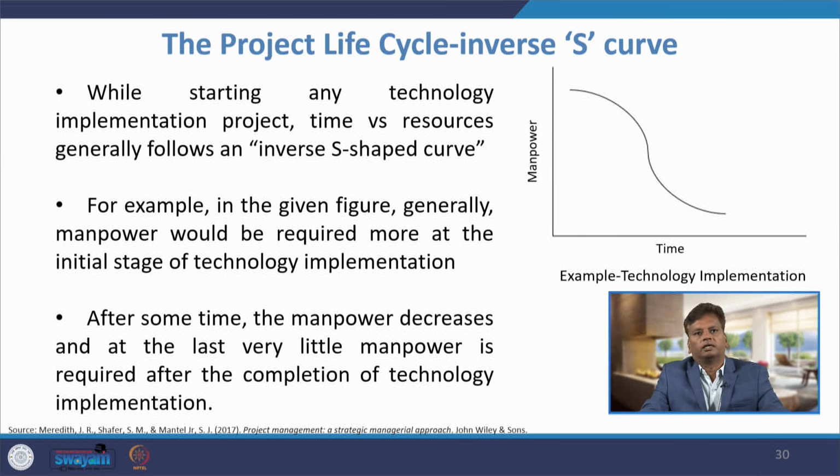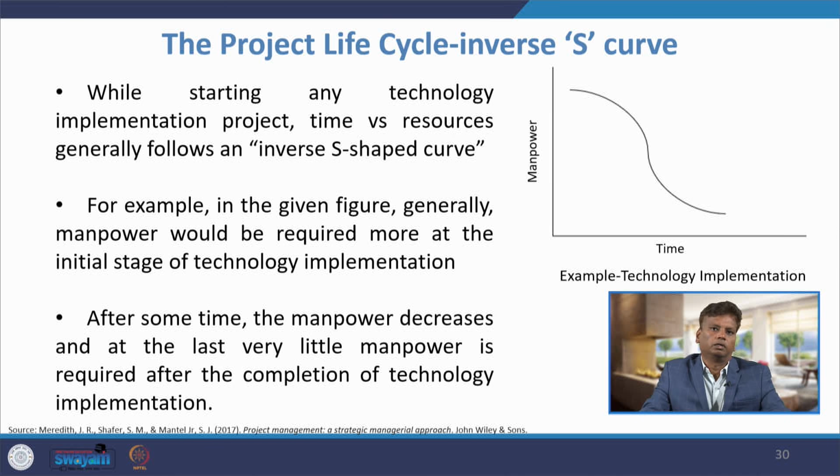Now, we will see the another type of project life cycle, that is inverse S curve. Look at the picture on the right hand side. In x axis the time is there, in y axis the manpower requirement. While starting a new technology implementation project, time versus resources generally follows an inverse S-shaped curve.